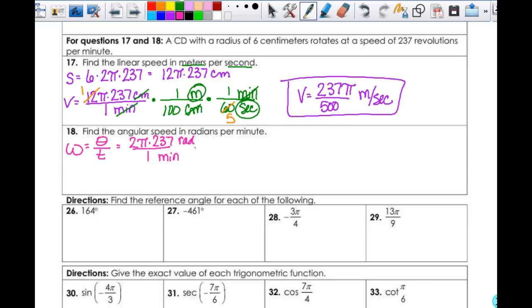And it's asking me for radians per minute, so that's nice because I'm not going to have to convert. All I have to do here is multiply 2 times 237. So 2 times 200 is 400, 2 times 30 is 60, and 2 times 7 is 14. So that's going to give me omega equals 474 pi radians per minute.